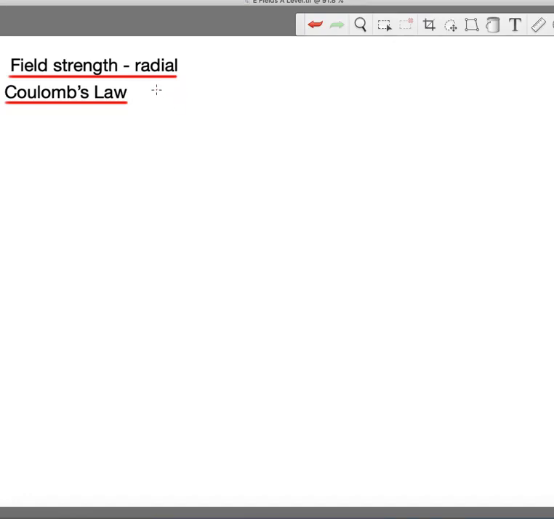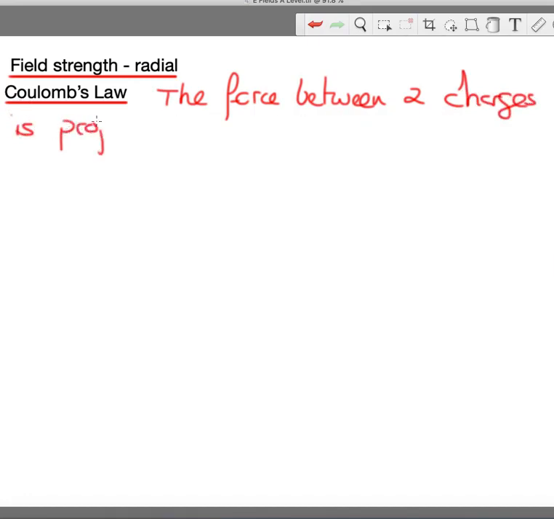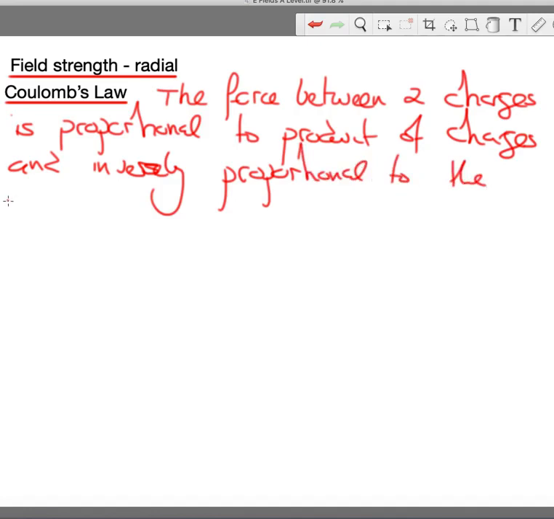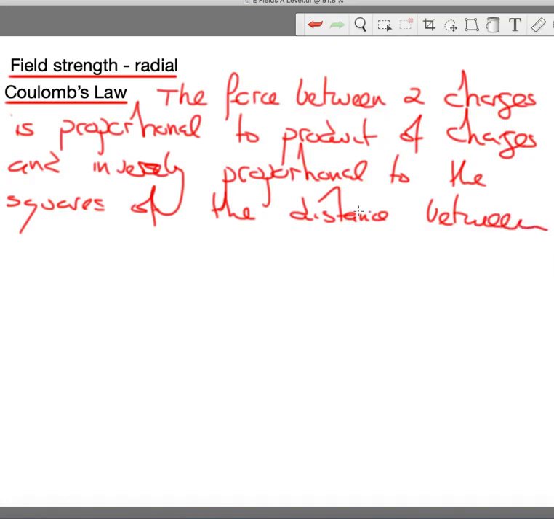And Coulomb's law says the force between two charges is proportional to the product of the charges and inversely proportional to the square of the distance between centres. Now, if we're talking about point charges, that last bit doesn't really matter.